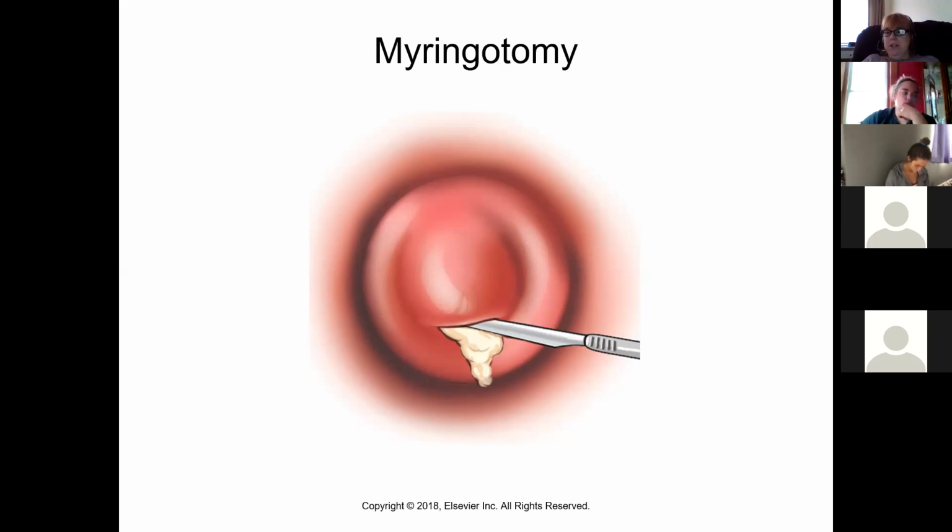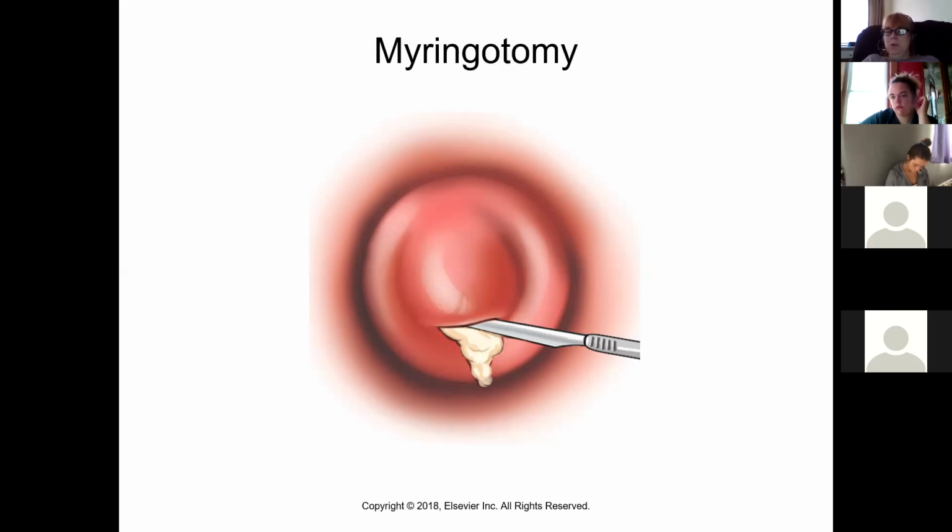But if the pressure is so bad that the patient, patients will tell you that if the infection is so bad in the middle ear that it's a number 10 on the pain scale.